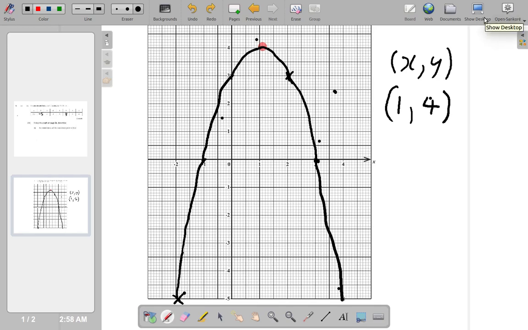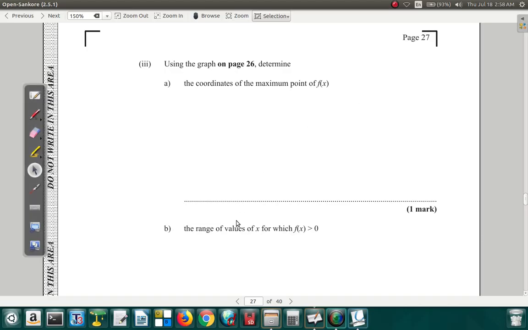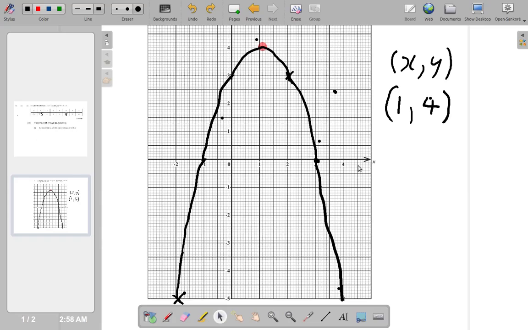Let's see what else they said. The range of values for which f of x is greater than 0. For which f of x is greater than 0. Now f of x refers to the points on the curve. Greater than 0 means the values that are above 0, which is above the x-axis.